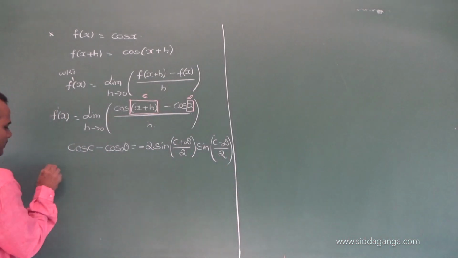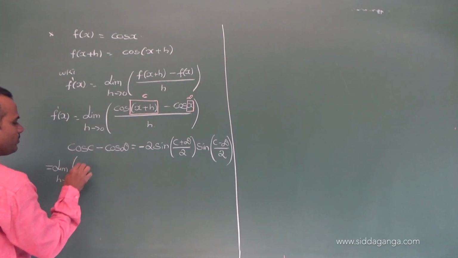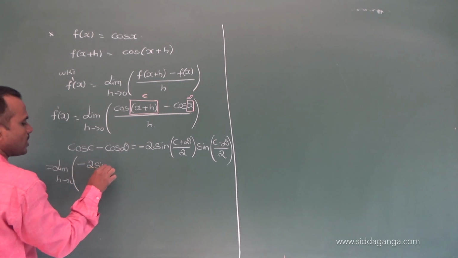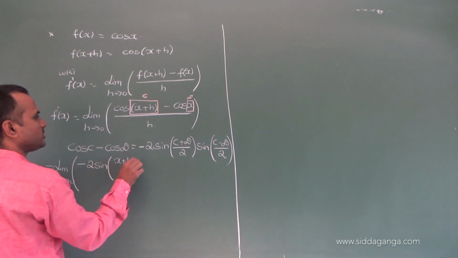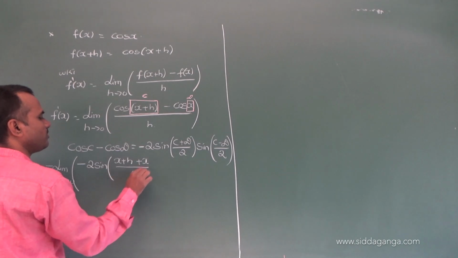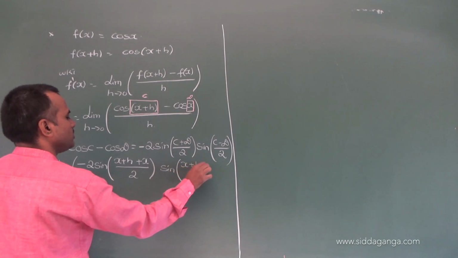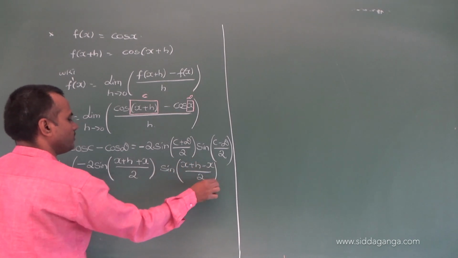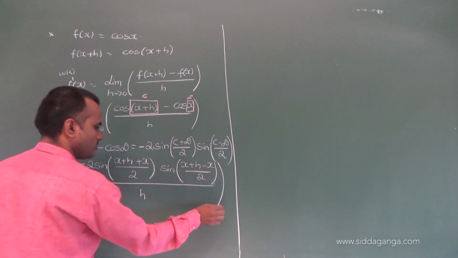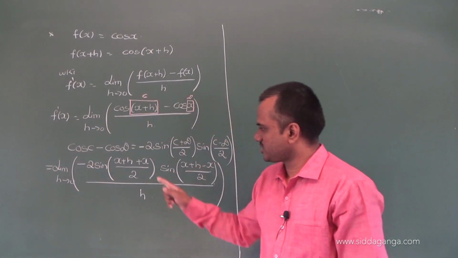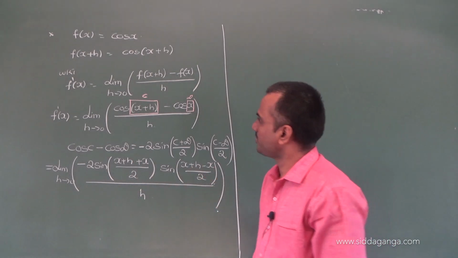So that is equal to limit h tends to 0 minus 2 sine of (x plus h plus x) divided by 2 into sine of (x plus h minus x) divided by 2, whole divided by h.